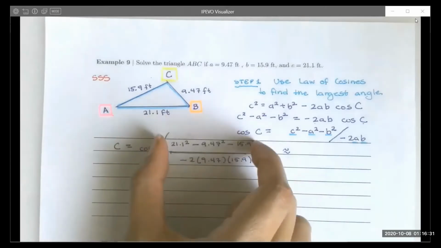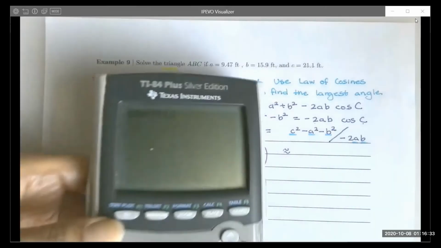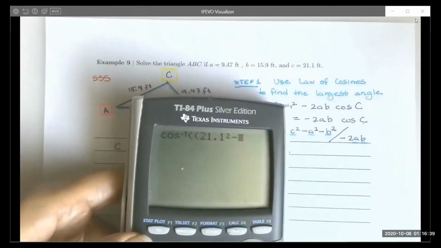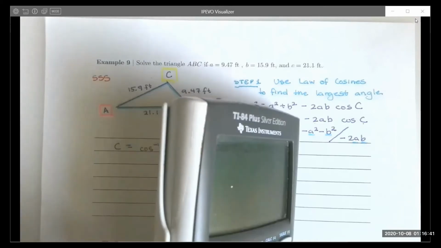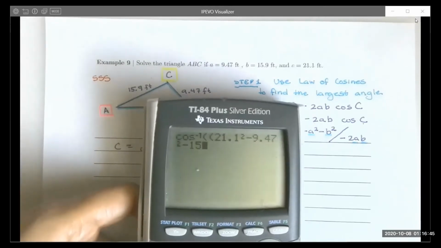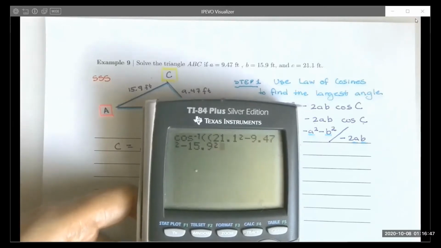So I'm going to encompass the numerator in parentheses: 21.1 squared minus 9.47 squared minus 15.9 squared.